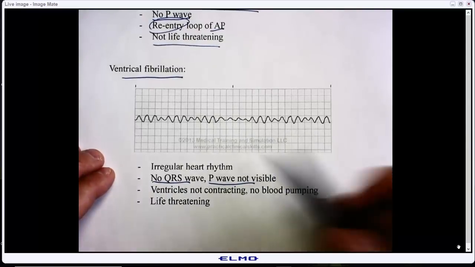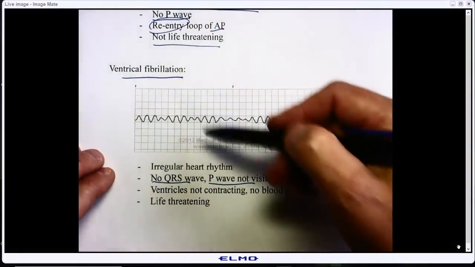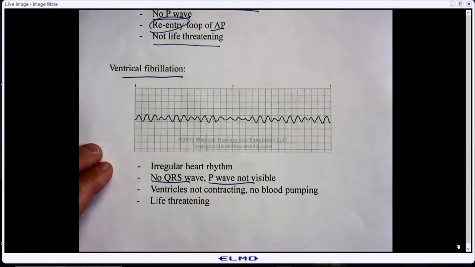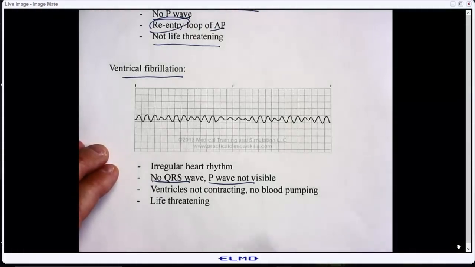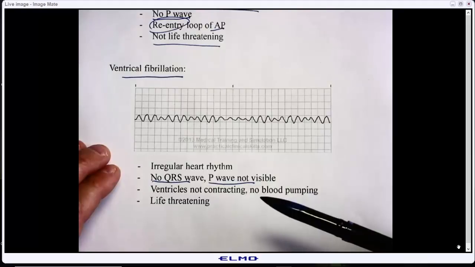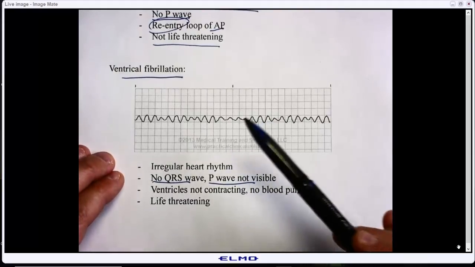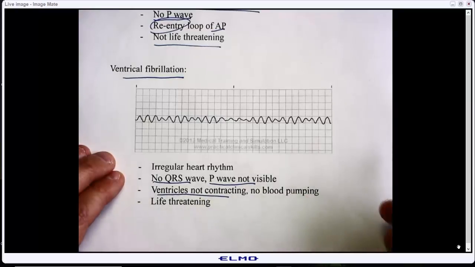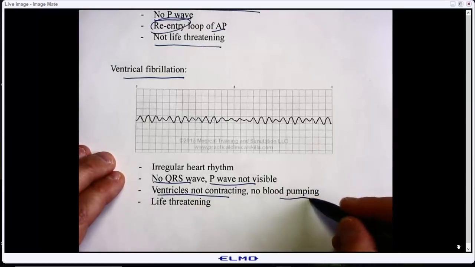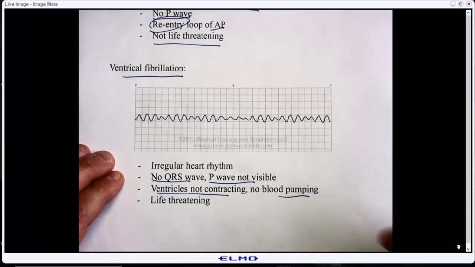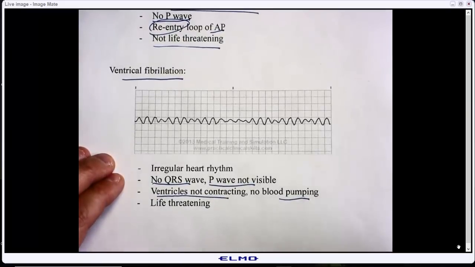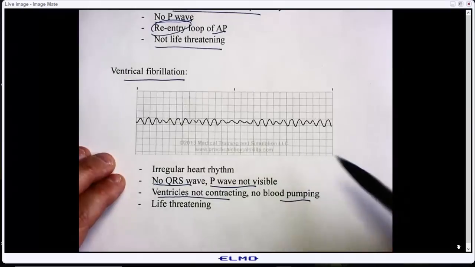There's no rhythm, which means we've got some sort of action potential firing around in multiple directions at the ventricle level. The problem with it happening at the ventricle level is now the ventricles aren't contracting. And when the ventricles aren't contracting, there is no blood pumping to the body. So this is absolutely life-threatening. You've got about 3 minutes maximum to fix this problem, or else you're dead.